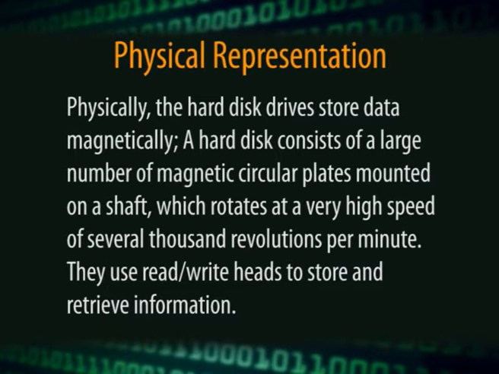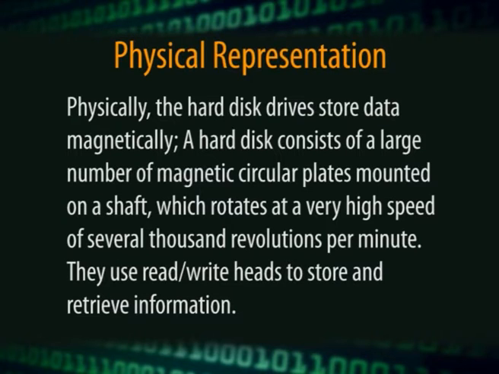The other representation of the hard disk is the physical representation. Physically, the hard disk drive stores data magnetically. A hard disk consists of a large number of magnetic circular plates mounted on a shaft which rotates at a very high speed of several thousand revolutions per minute.